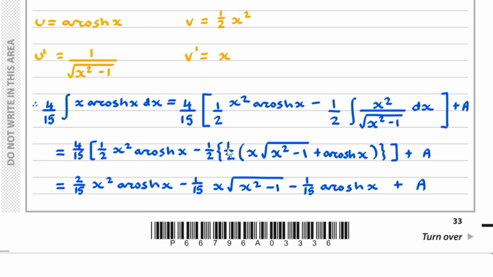Now before we do anything else, let's just make clear where this came from. That is the result of integrating this over here.